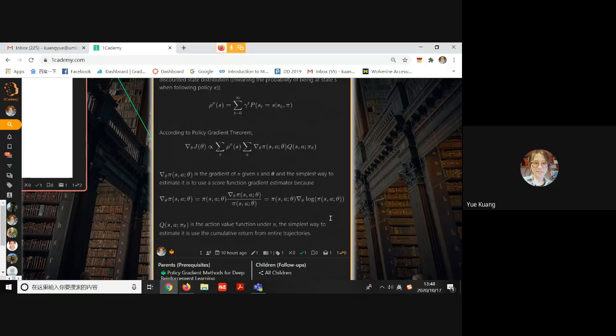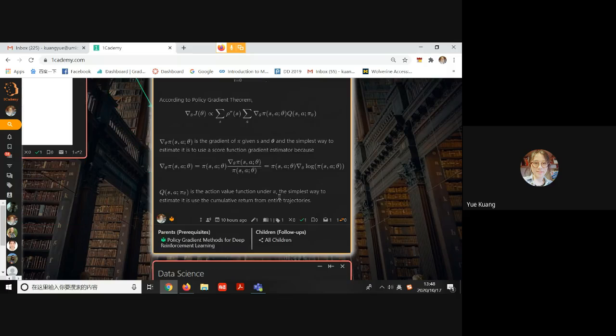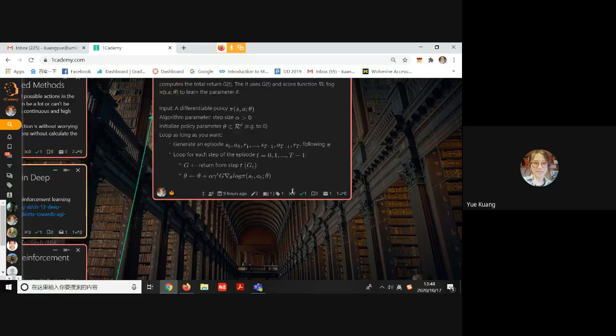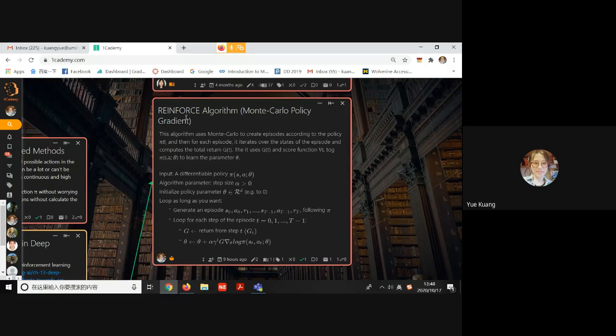Next, I will show a naive algorithm based on the two simplest estimators. That is the REINFORCE algorithm, also called the Monte Carlo policy gradient. This algorithm uses Monte Carlo to create episodes according to the policy pi, and then for each episode it iterates over the states of the episode and computes the total return.